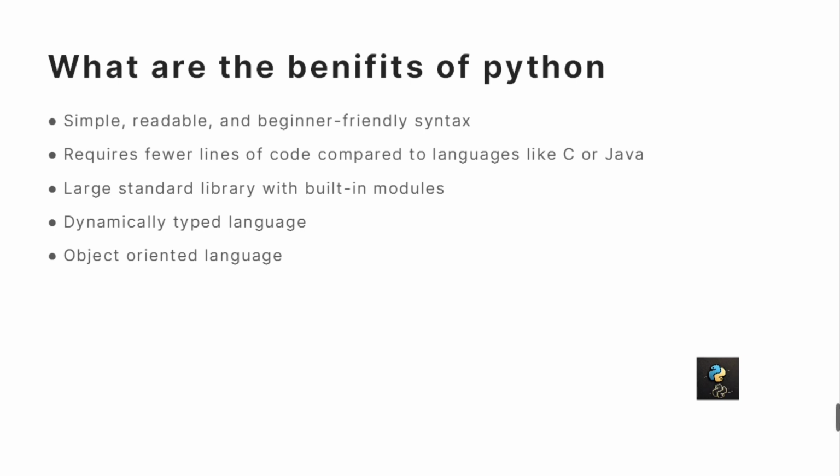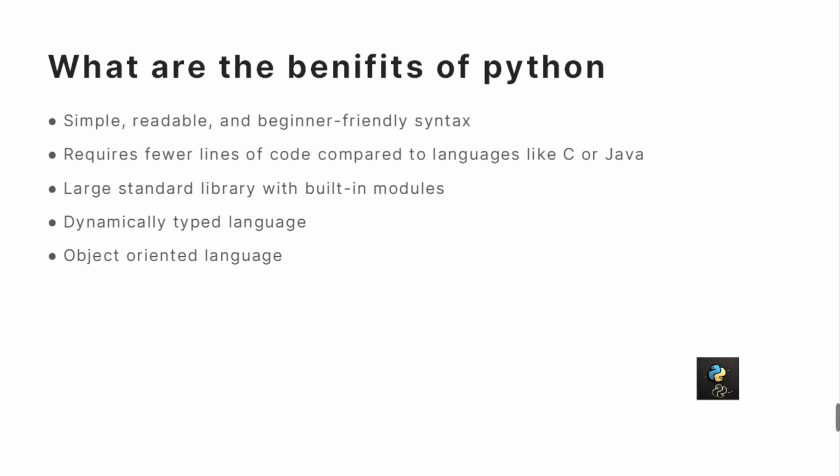C, C++ or Java. And Python has a very large number of built-in modules, and it also has a lot of libraries. We just have to import those libraries and we can use them in our Python code.